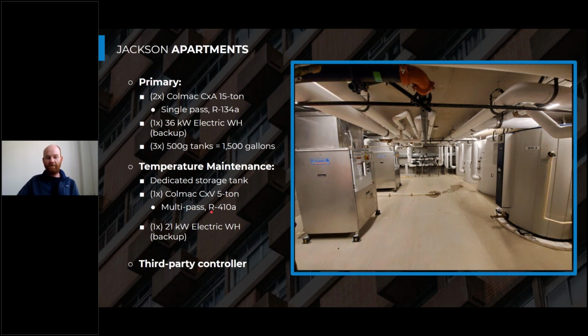It uses the refrigerant R410A, which can operate at lower ambient air temperatures but is typically a little bit less efficient and also has a higher global warming potential. We'll discuss global warming potential towards the end of this session today. And like I mentioned, this is a water heater, so there's a backup element in there that we're using as backup.